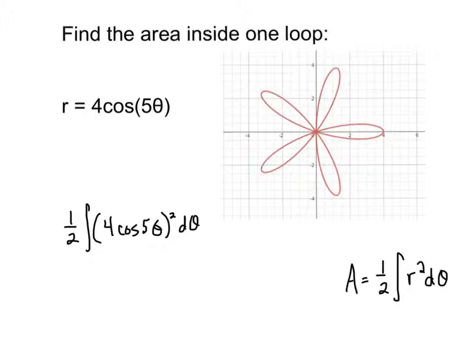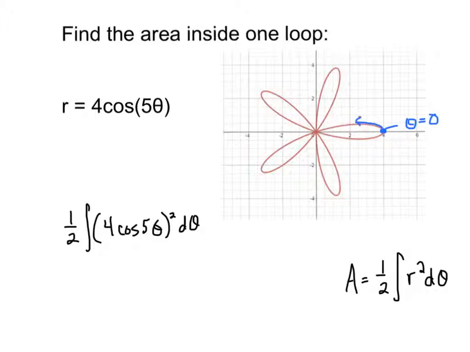If I plug in theta equals 0, I get the cosine of 0, which is 1. 4 times 1 is 4. It's right here. This spot right here is where theta equals 0. And actually the graph begins tracing this way.